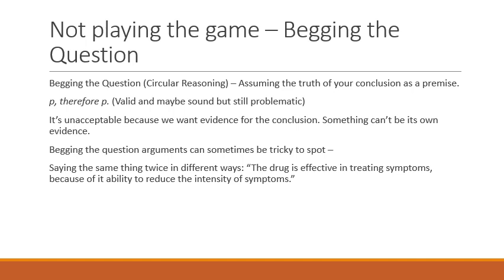So here we're essentially saying the same thing twice, but in a slightly rephrased way that may not be obvious upon first glance, right? You might think that somebody's making a good point here, where in reality they're just saying something twice. So it can sometimes be tricky, but sometimes it's pretty obvious.